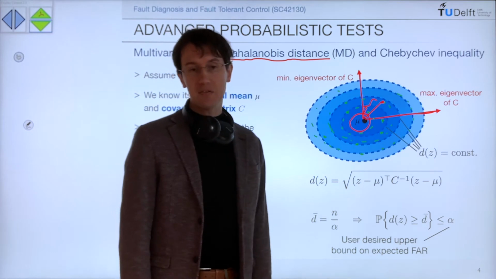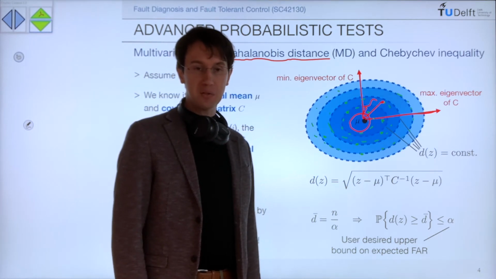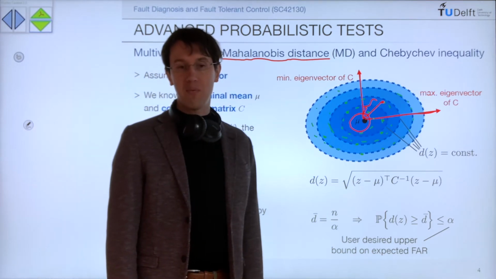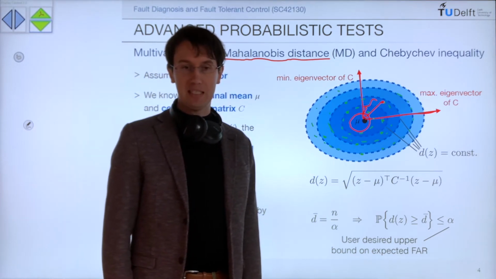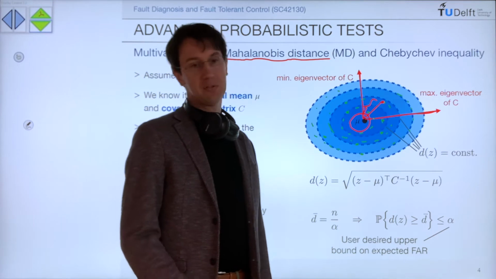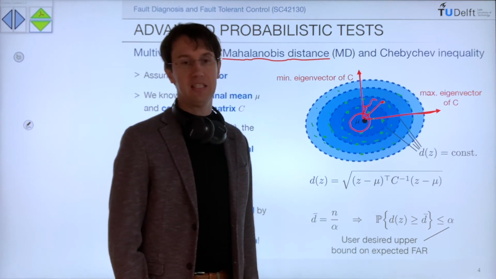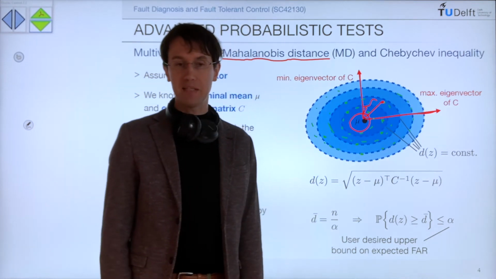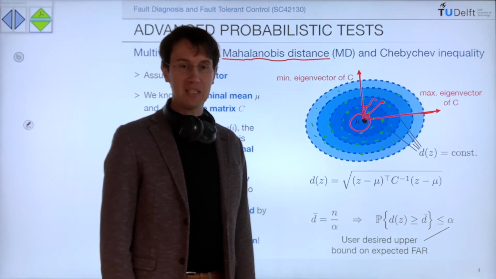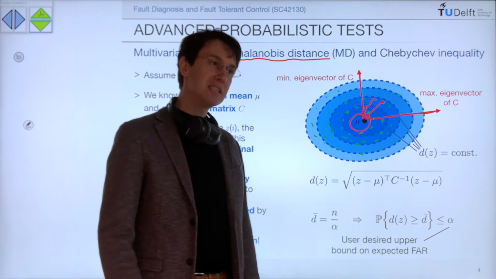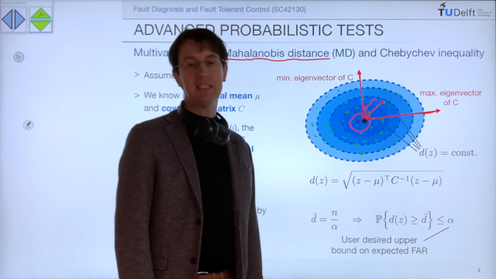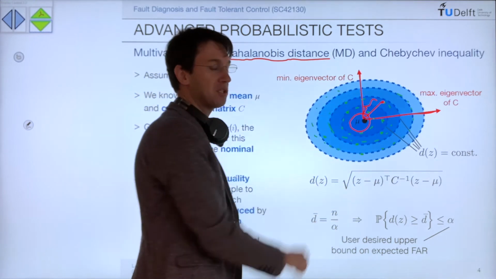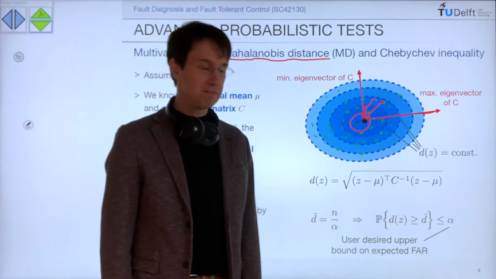So the idea of the Mahalanobis distance, actually, it is to introduce a way of normalizing the distance that takes into consideration that along different directions, different distances have different meaning. So along the direction of big variation, you want to normalize the distance in a different way than along directions where you don't have so much variation.